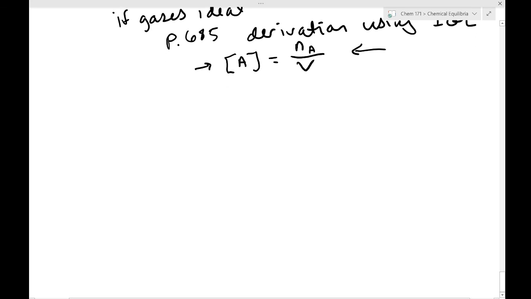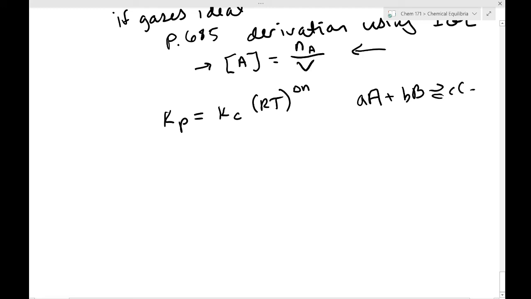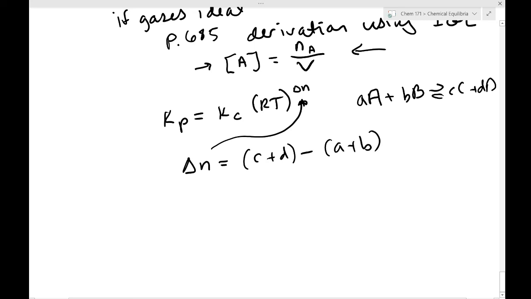Because of that, we can write Kp as being equal to Kc multiplied by RT to the delta n. For some reaction, aA plus bB goes to cC plus dD, that's the generalized reaction we're talking about here. Delta n, which is the exponent that RT gets raised to, is equal to c plus d minus a plus b.